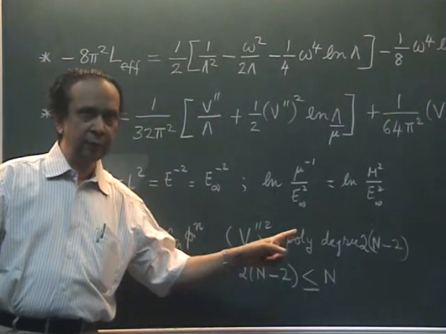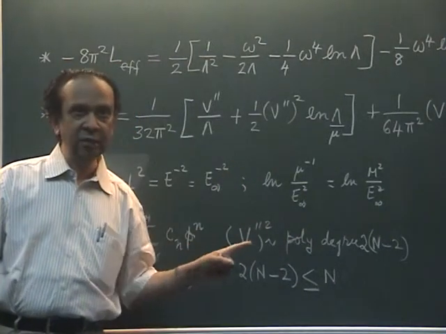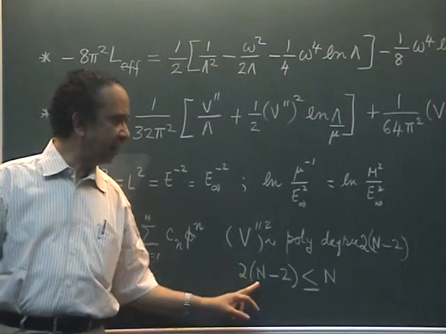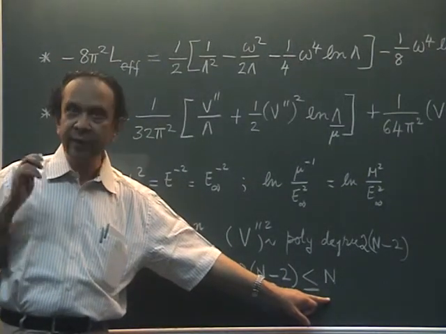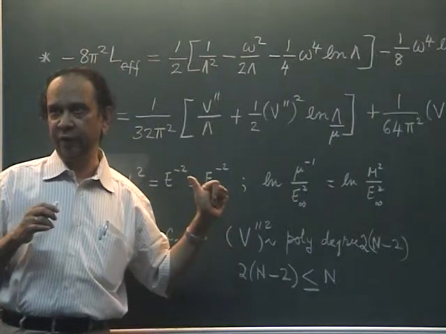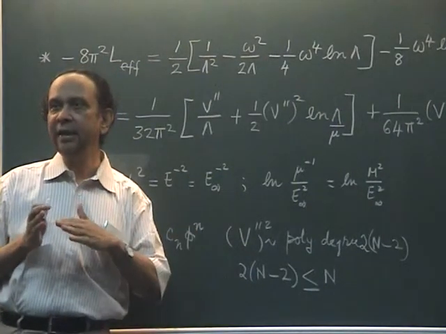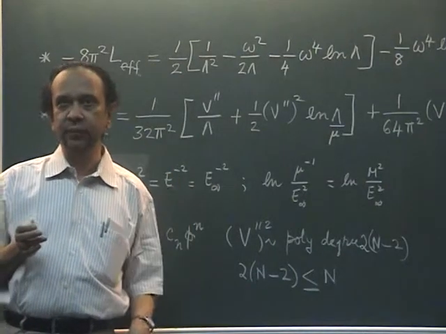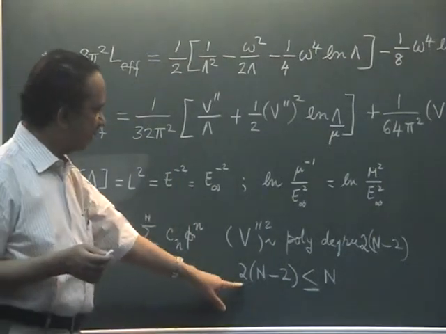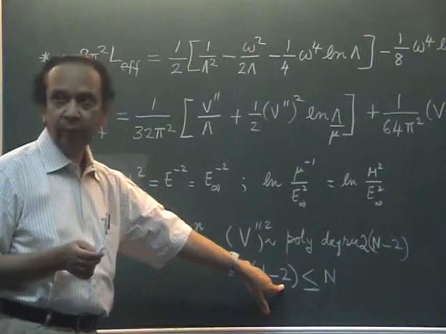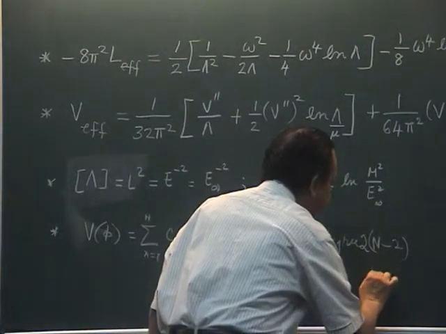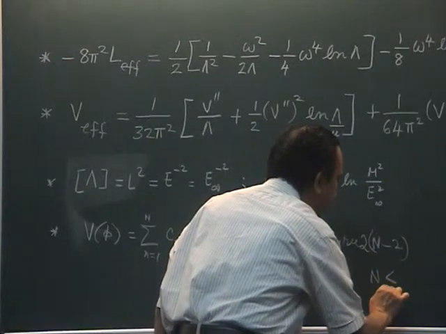And if the calculation here does not generate any new powers, the powers generated are the powers which are already present in my effective potential, then I can reabsorb all the divergent terms into those constants. So this is a very nice result because it tells you 2n minus 4 has to be less than n, or n should be less than or equal to 4.